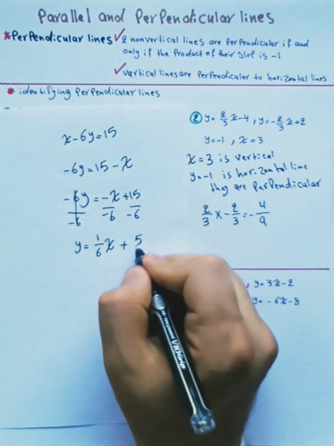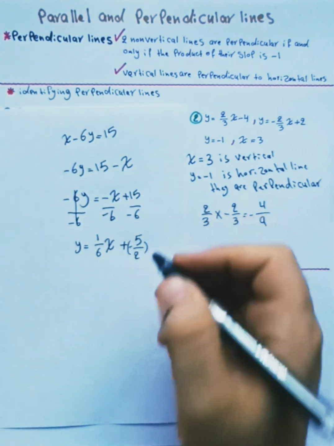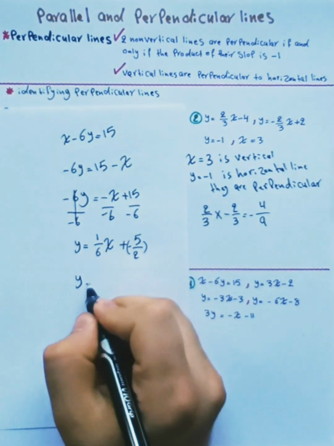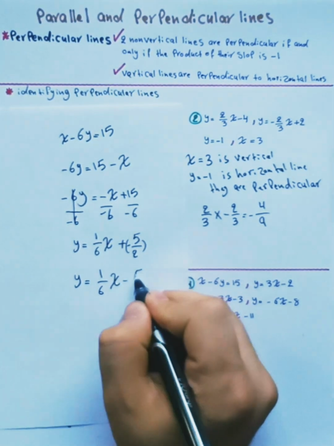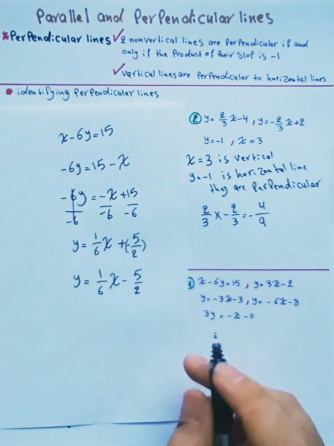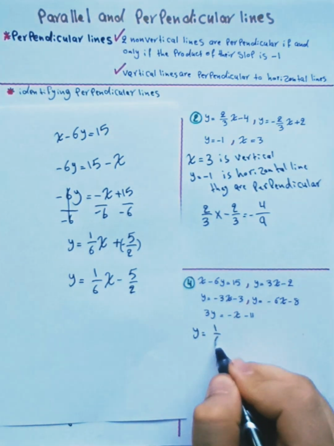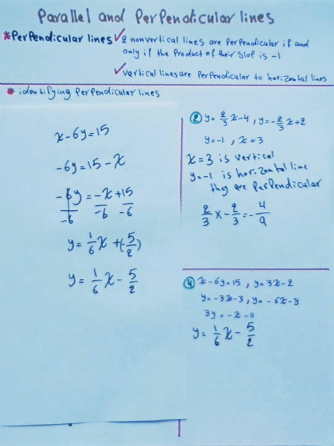We will get -5 out of 2, and then we have to multiply these two signs. So y equal to 1 out of 6 x minus 5 out of 2.